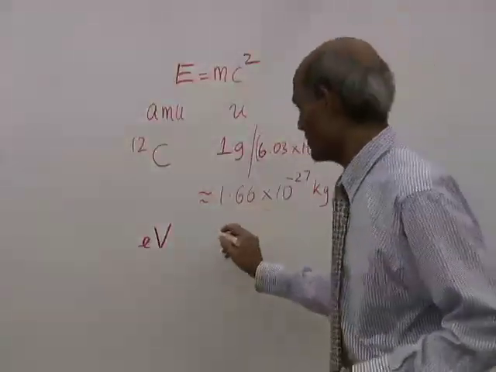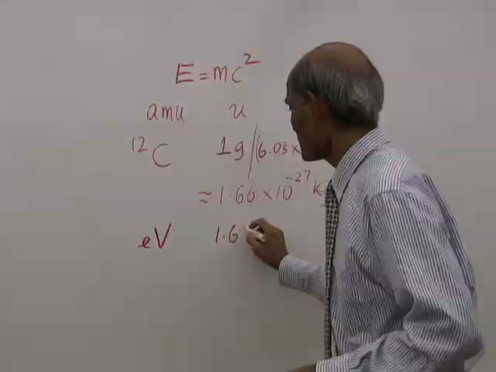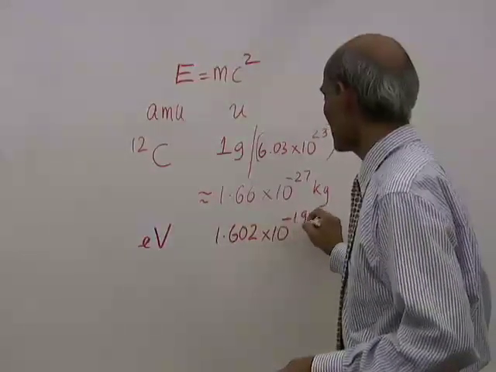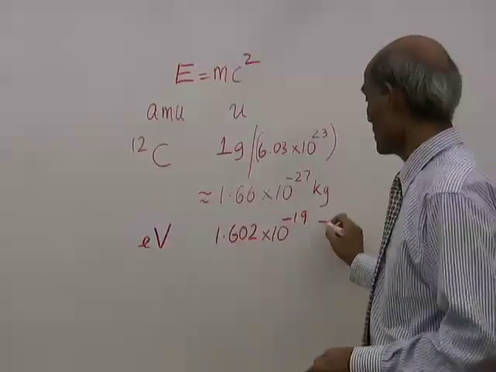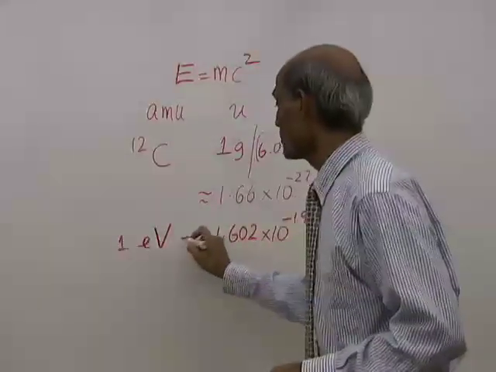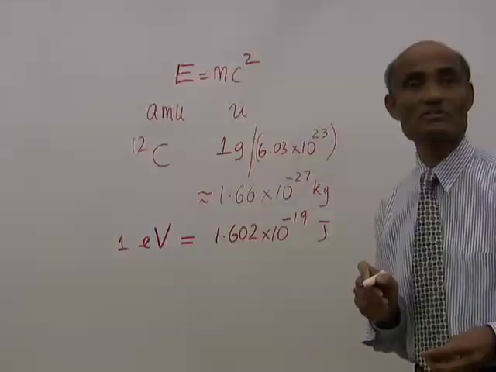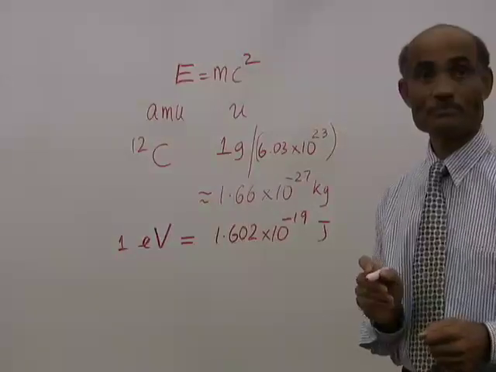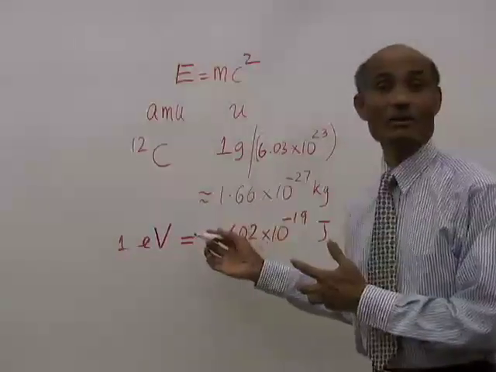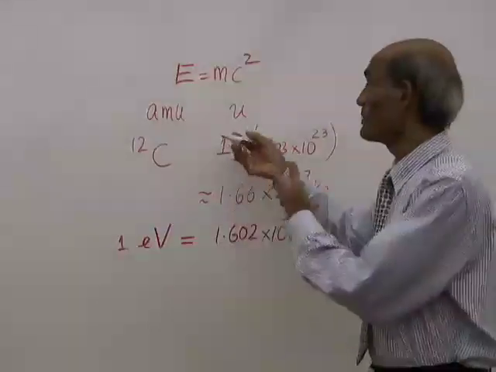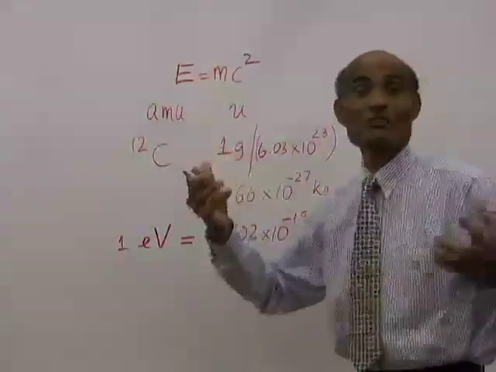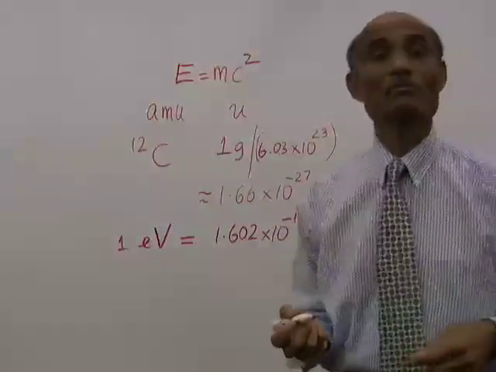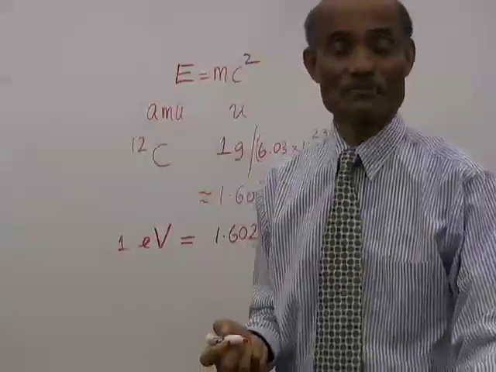Now, what is its value? 1 electron volt is 1.602 times 10 to the negative 19 joules. Well, we have now a unit for measuring energy, a unit for measuring mass, and there is a relation connecting the two. So we are ready to talk about nuclear energy.